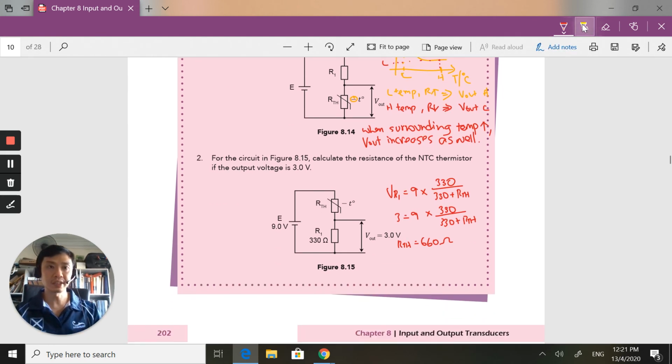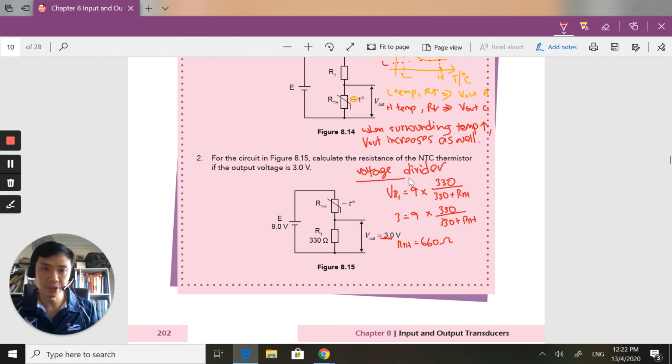So next, answers for question 2. They gave you the answer that V out is 3 volts already, and they want you to find at this particular temperature what is the resistance of the thermistor. So we have to use your voltage divider method.